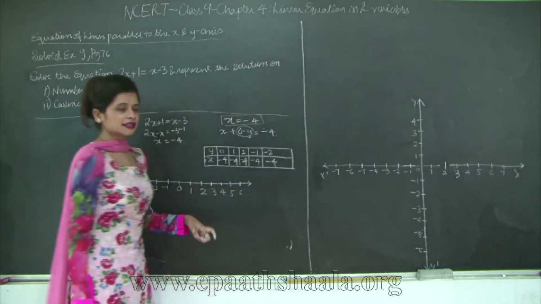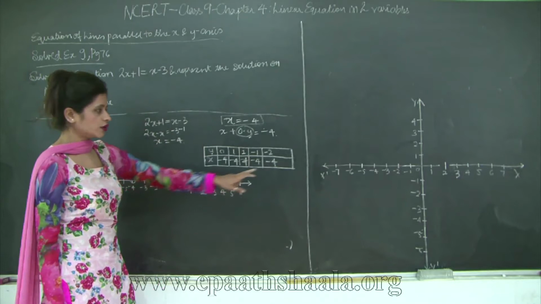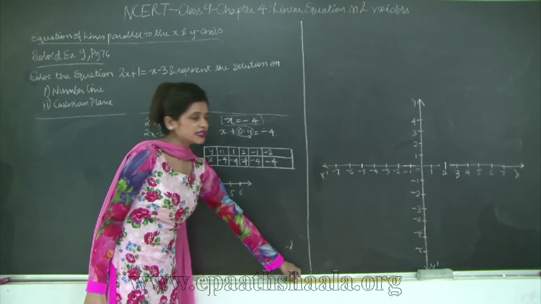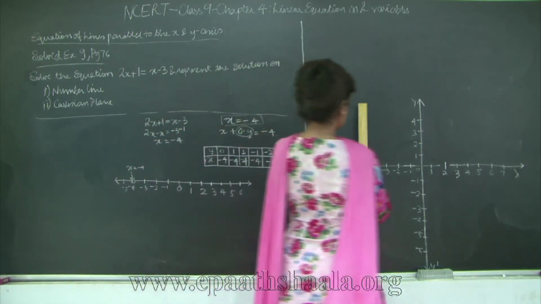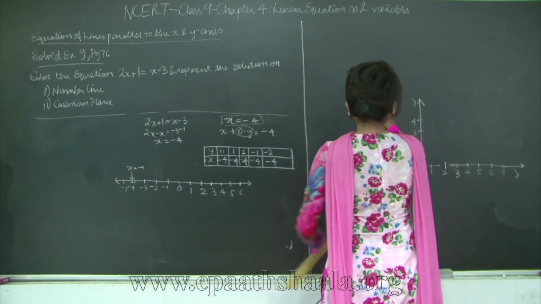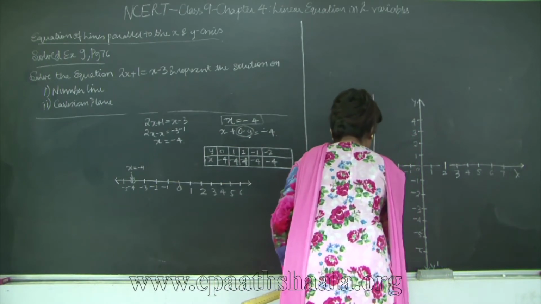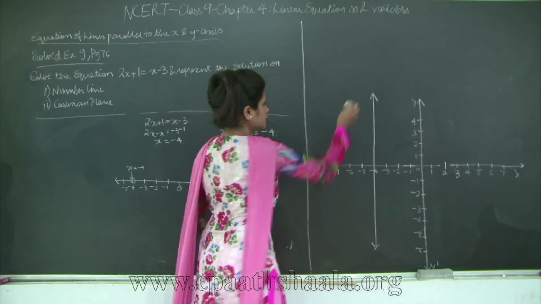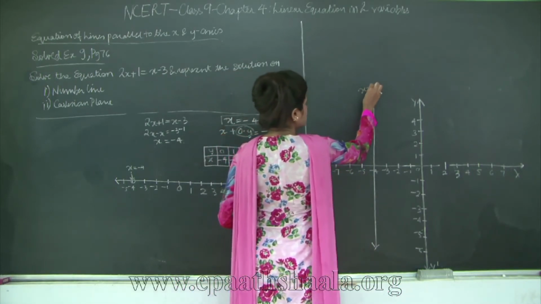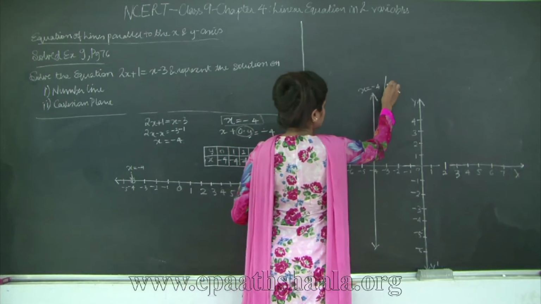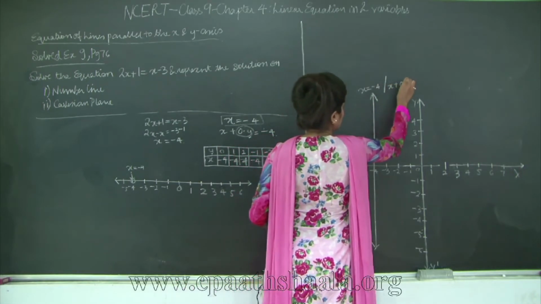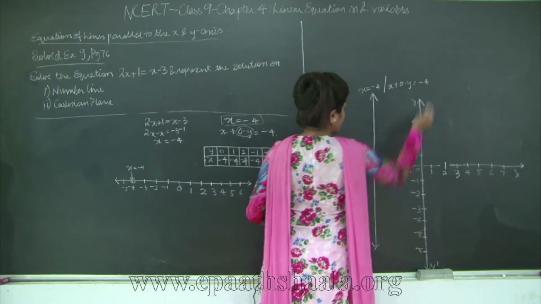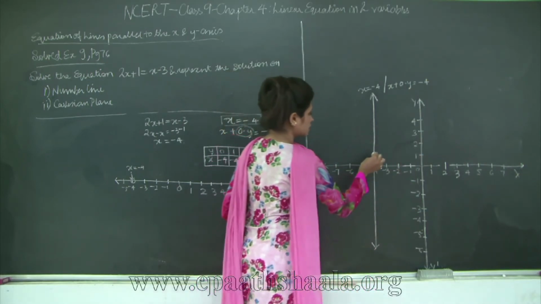So what I am going to do is simply go ahead, take x as minus 4 on the x-axis and draw a line parallel to my y-axis and plot these points. So this is my line, x is equal to minus 4 or x plus 0y is equal to minus 4. And obviously, let's mark our coordinates.